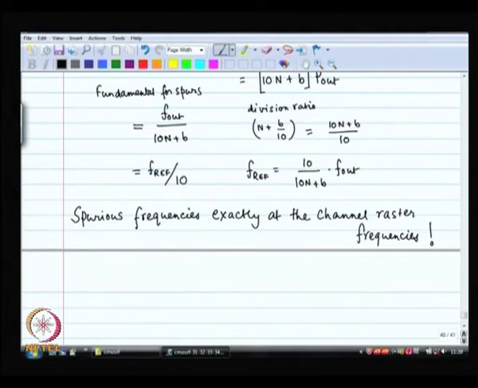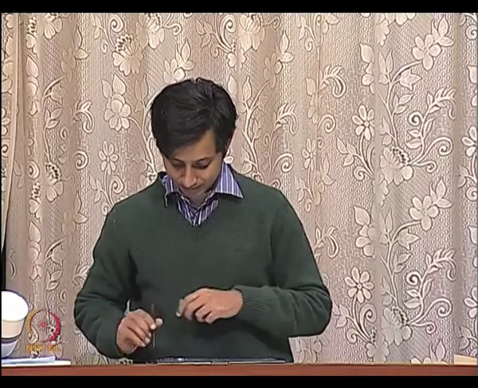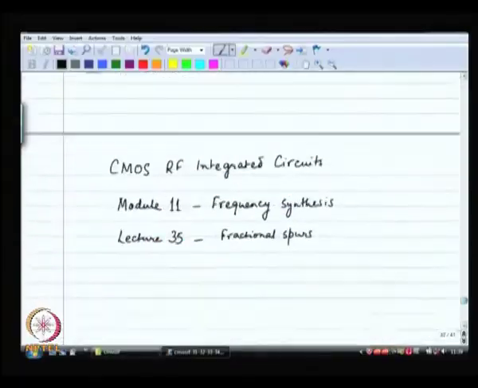Whether you are building an integer n synthesizer or this kind of a fractional n synthesizer, you have got spurious frequencies and these are precisely at the same frequencies in both cases.